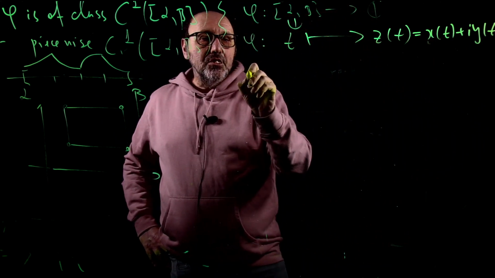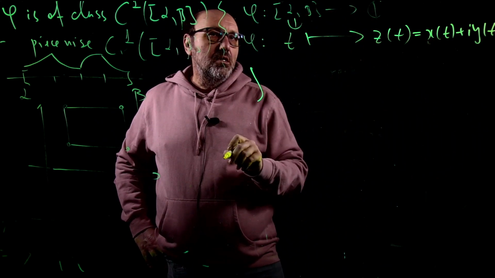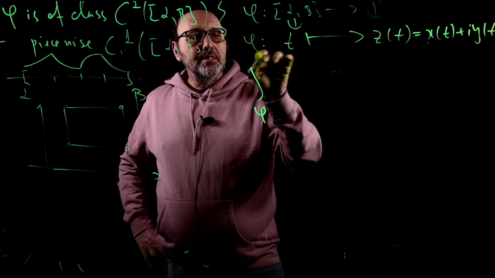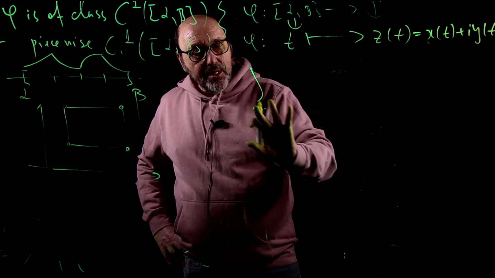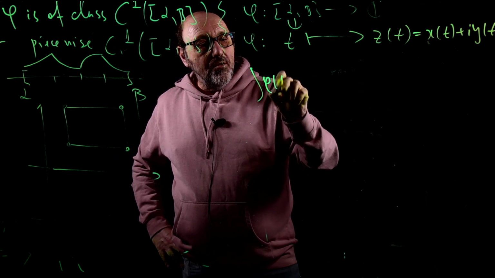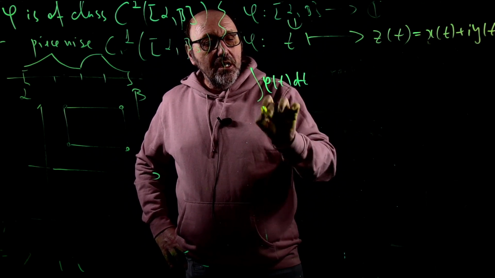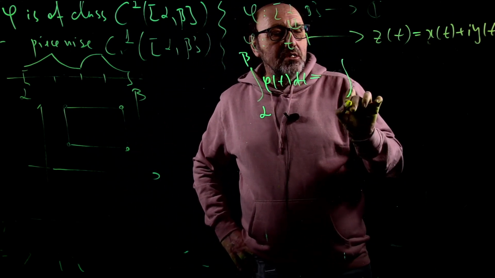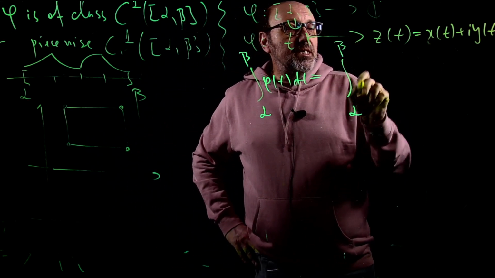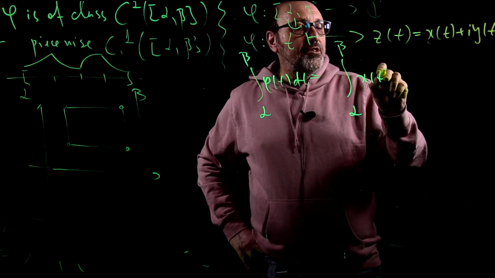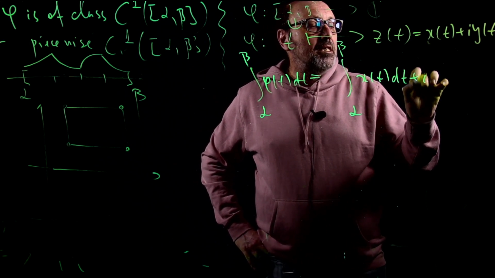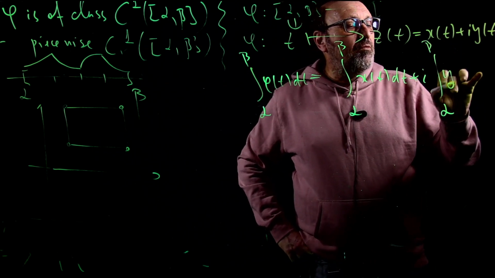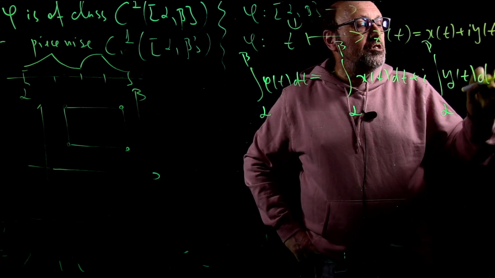Then you can consider the integral of phi of t dt over alpha beta, which is the integral from alpha to beta of x of t dt plus i times the integral from alpha to beta of y of t dt.